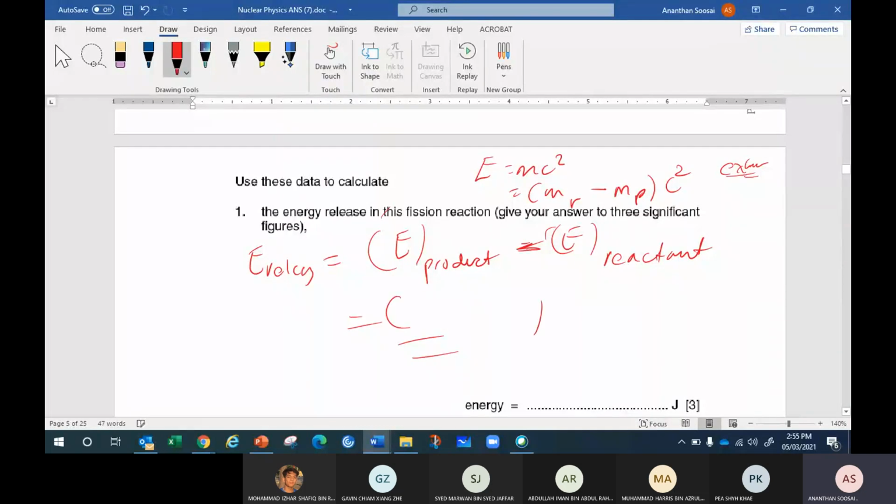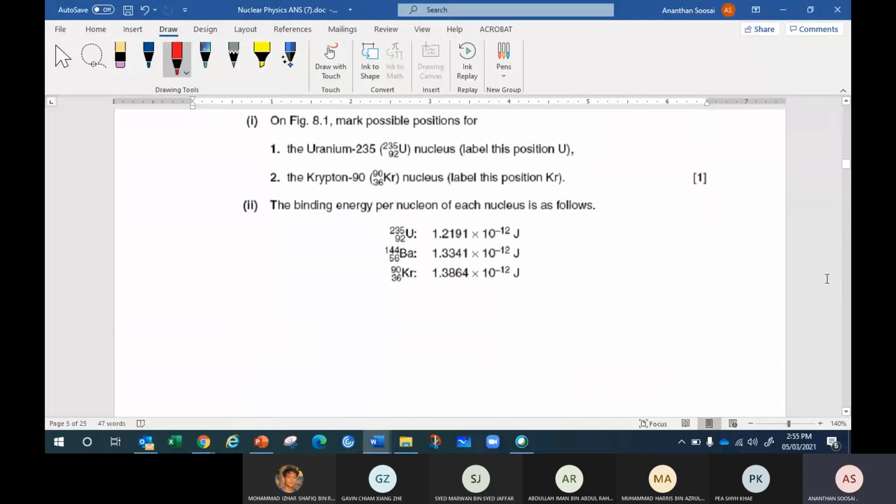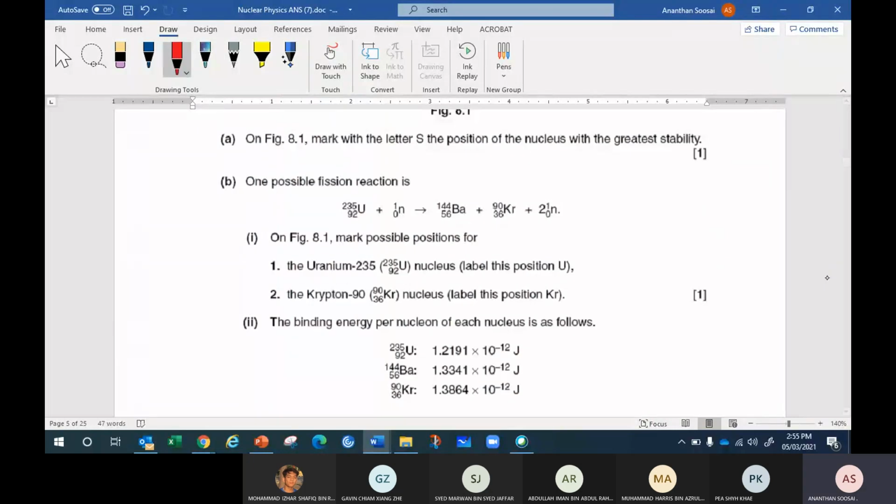The energy of the product, how do you calculate? Go up. The energy of the product is which one? Barium and krypton. Barium has this much energy, and this is the binding energy per nucleon. Remember, it's per nucleon. So this energy is only for one nucleon, multiplied by how much? The nucleon number, 144. And krypton, the energy per nucleon of krypton multiplied by 90. Don't use the proton number, you must use the nucleon number.